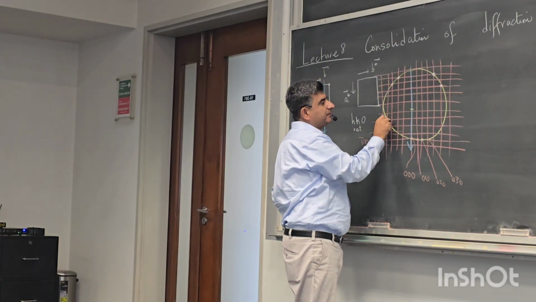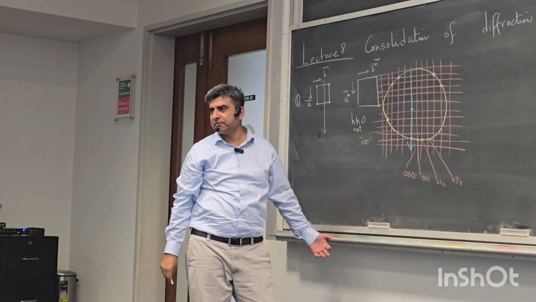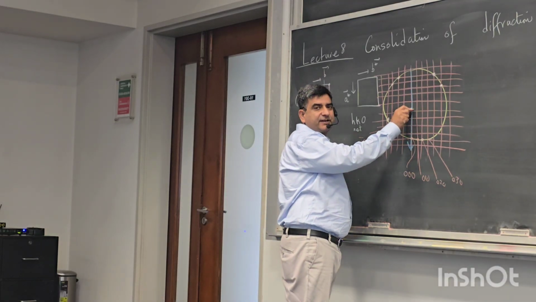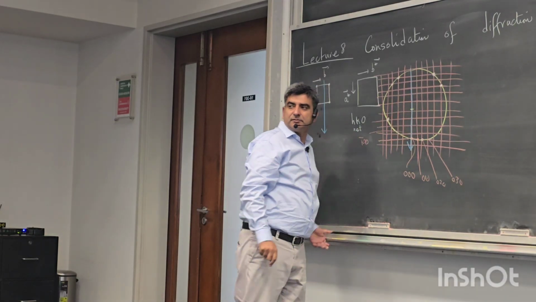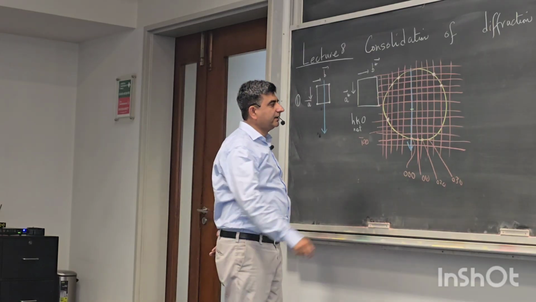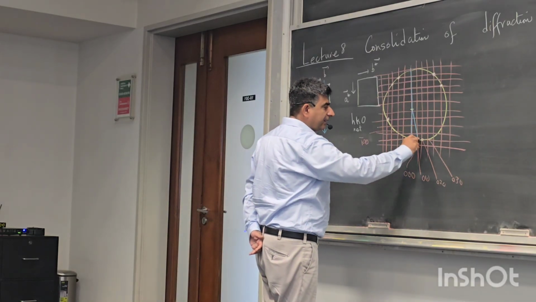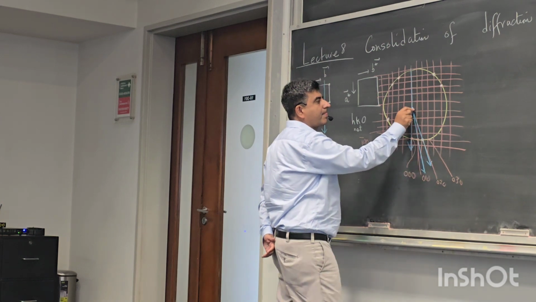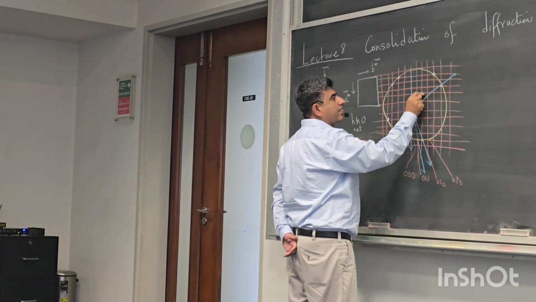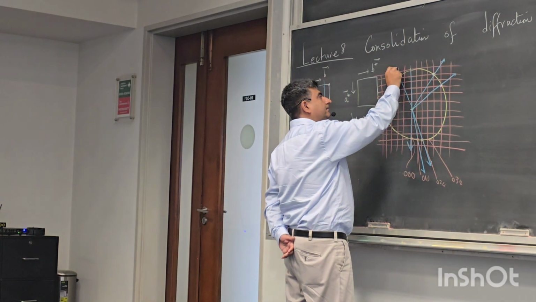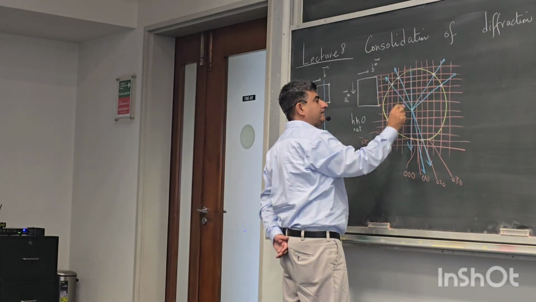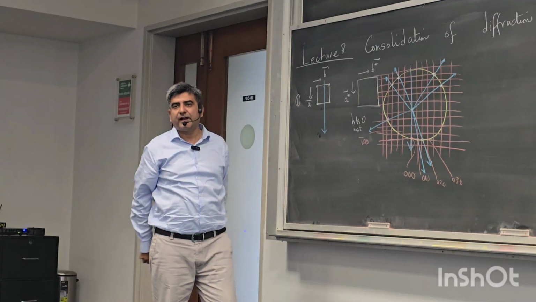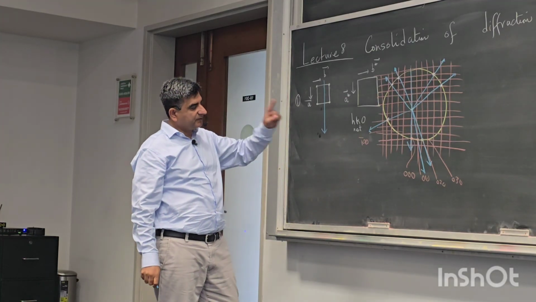Okay, suppose these are the points of intersection, then it really means that the crystal is placed here and the reflections are occurring in the directions shown. Okay, and we looked at this in the previous lecture.